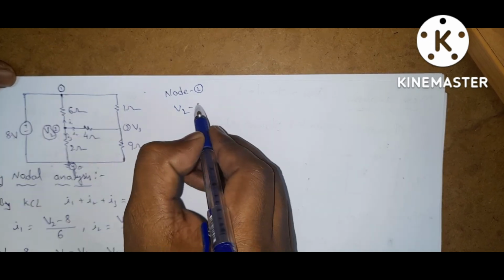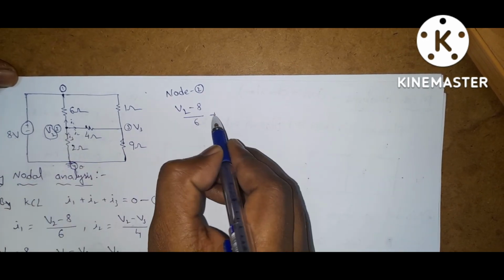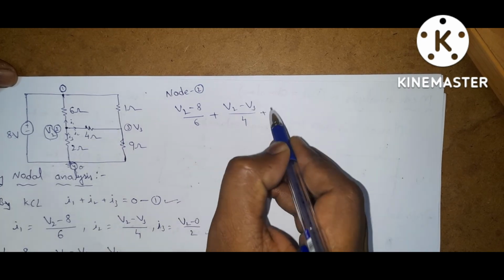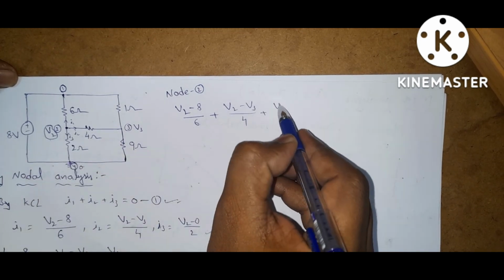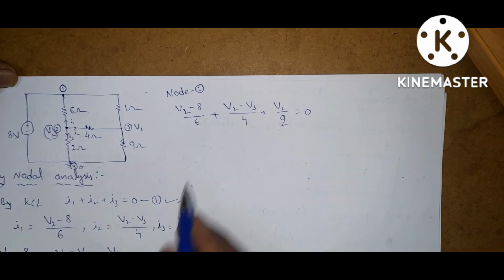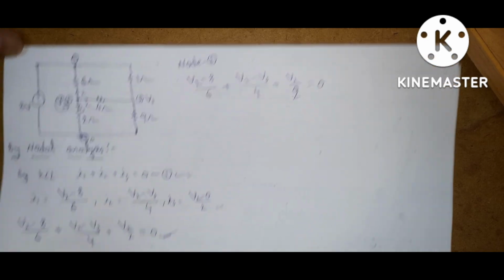So V2 minus 8 by 6 plus V2 minus V3 by 4 plus V2 minus 0, that is V2 by 2, is equal to 0. So we get the same equation directly. If we solve this, you will get this equation.